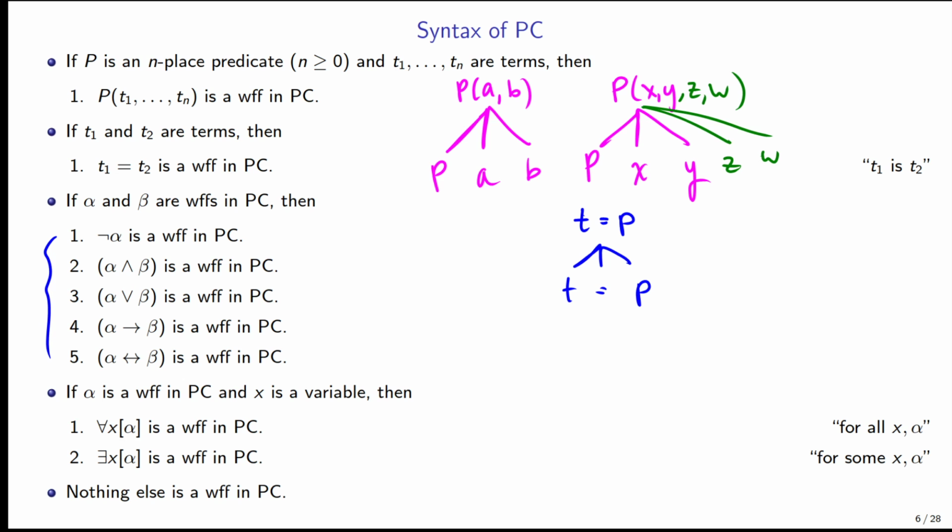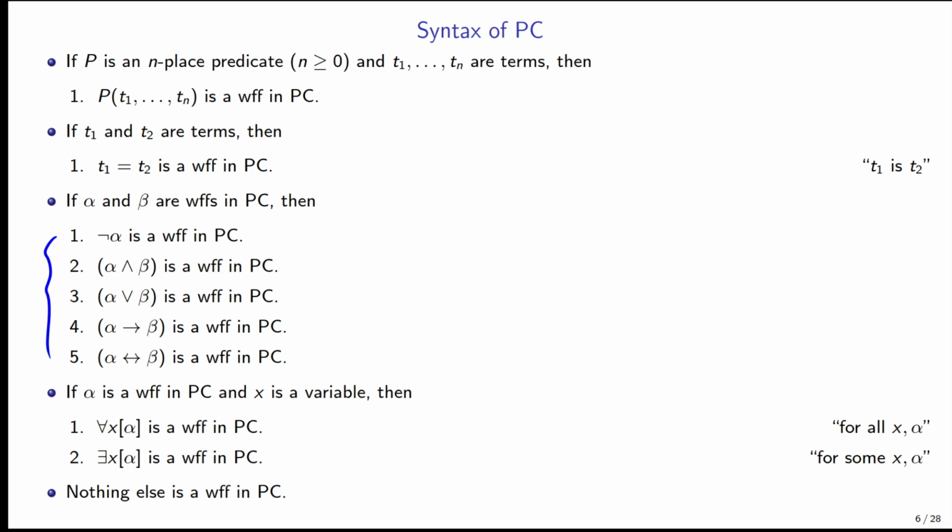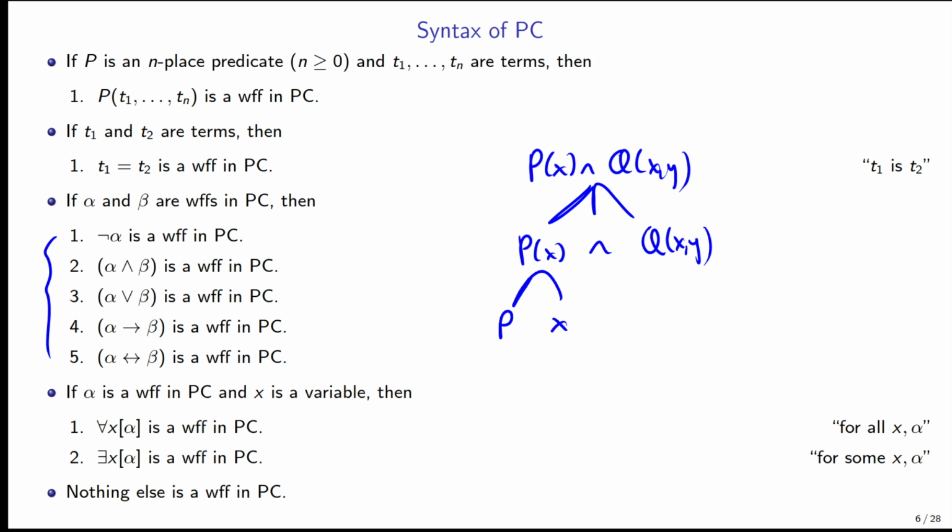So for example, if we have, say, Px and Qxy, well, this is a formula that splits into Px, the conjunction, and then Qxy. And then these Px, Qxy would then split into components. So that's how we do a syntactic tree for that.